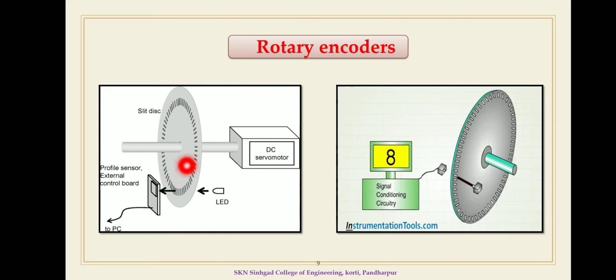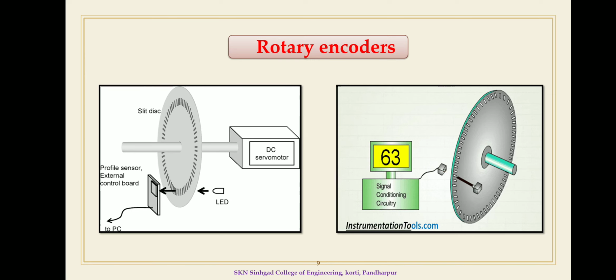So in the working of a rotary encoder, the shaft of the rotor rotates in a clockwise or anti-clockwise direction. The disc also rotates. The LED focuses the light rays on the disc. The light rays pass through the transparent sector, generating pulses.